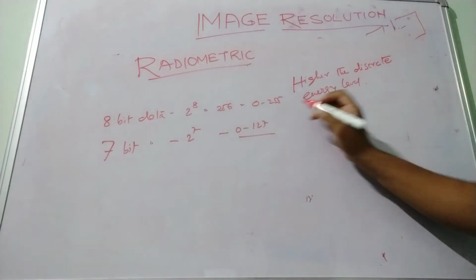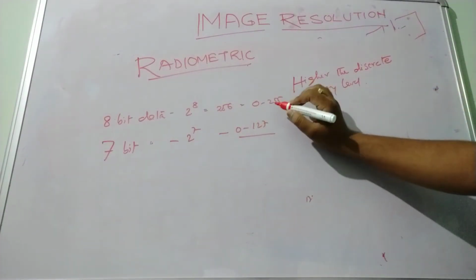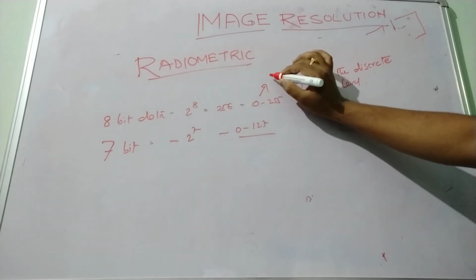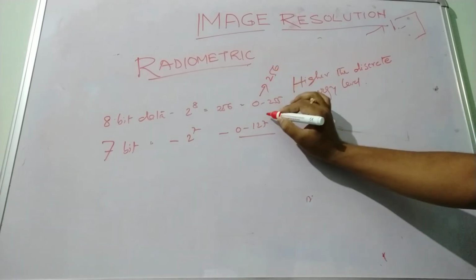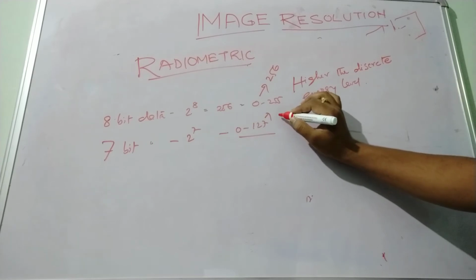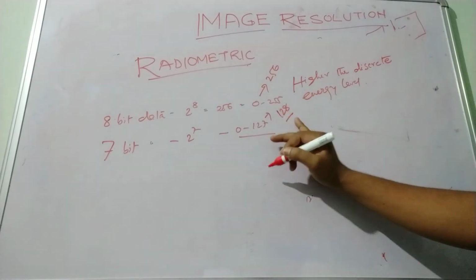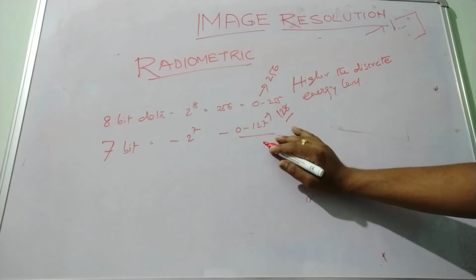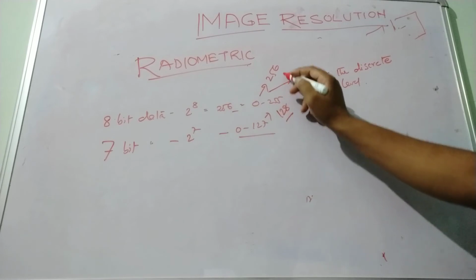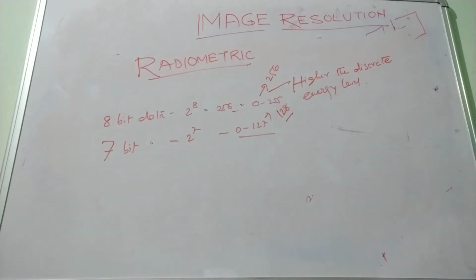The sensor has the capability to discretize the energy level into 256 categories, whereas in 7-bit data there are 128 categories. So this is the capability of the sensor to discriminate the energy levels. The better the energy levels, the better the radiometric resolution.